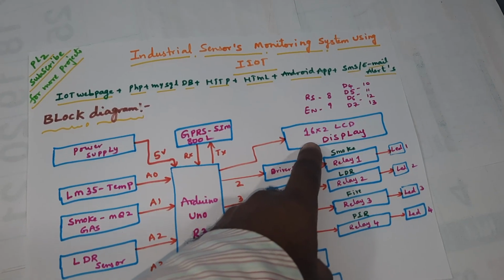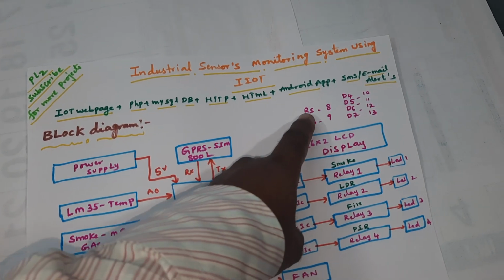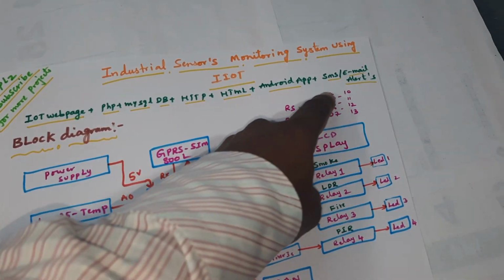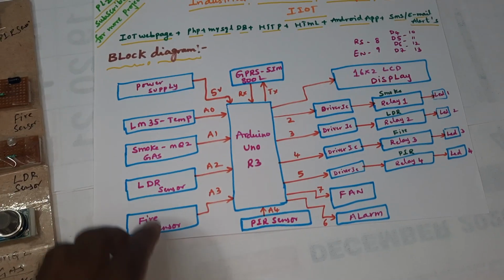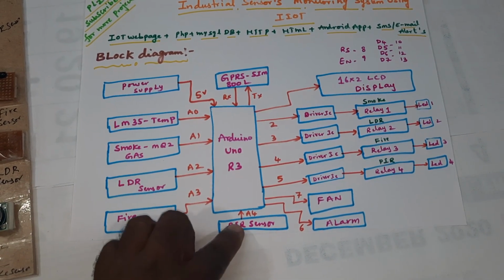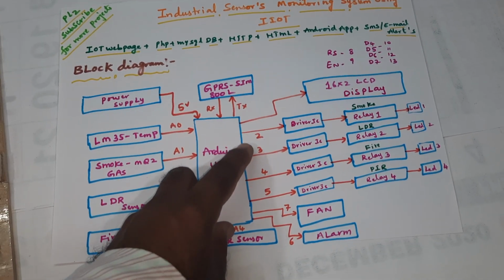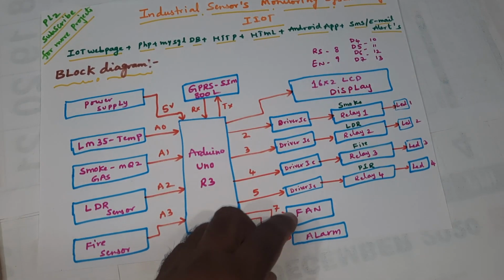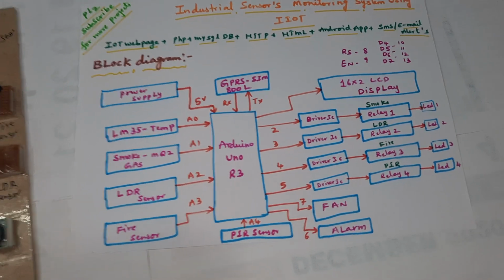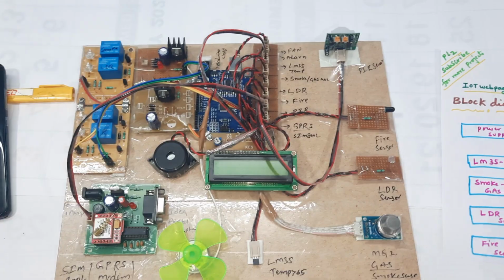A 16x2 character LCD display shows whatever process is going on, on pins 8, 9, 10, 11, 12, 13. The sensors are connected to analog pins A0, A1, A2, A3, A4, and digital pins 2, 3, 4, 5 are for relay, fan and alarm, and 7 and 6. Let us come into the hardware part.